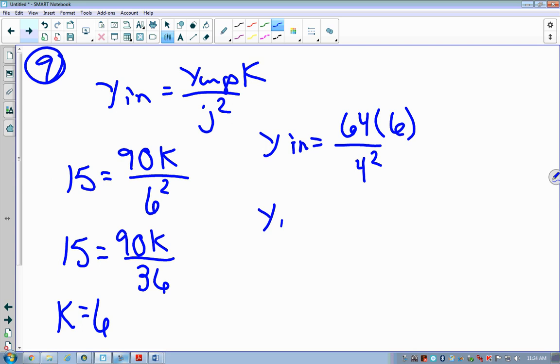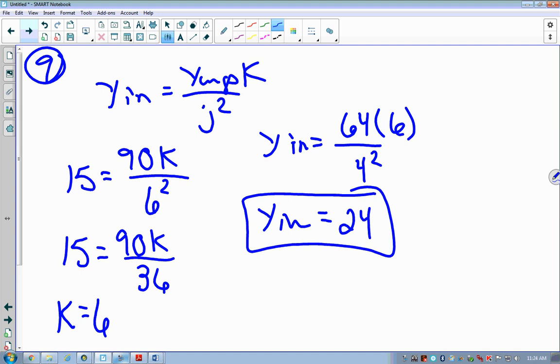When we simplify that all the way down, we got 64 times 6 over 4 squared. You should get yins equal 24. All right, does that make sense? Careful. Yeah, it's a lot of Y's.